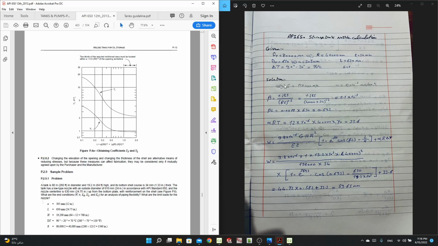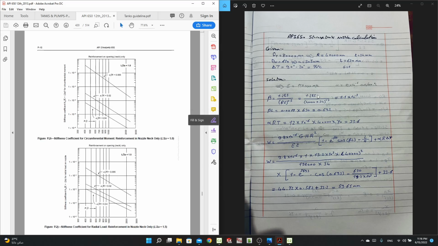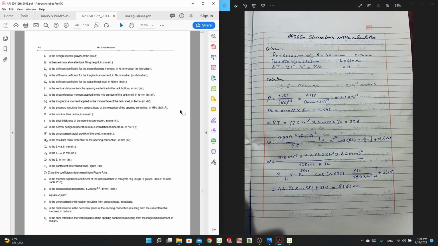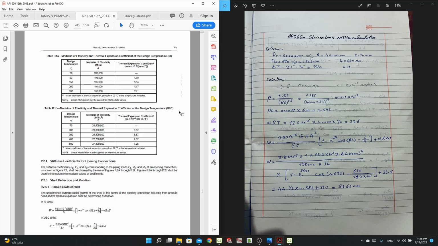In the beginning of our solution, we need to have the elasticity modulus and the expansion coefficient, and you can get them if you have the material. You can get it from the material tables in section 2 or in ASME B31.3, or you can use this one here. In our example, we use this table B1A, since we are using SI units.